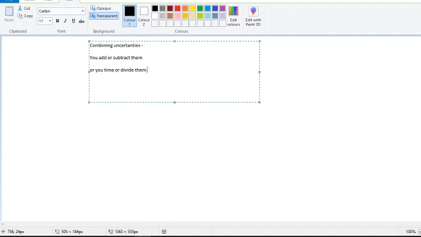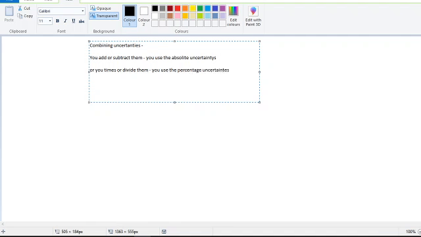So there's only really 4 options. When you add or subtract them, you use the absolute uncertainties, while when you times or divide them, you use the percentage uncertainties.